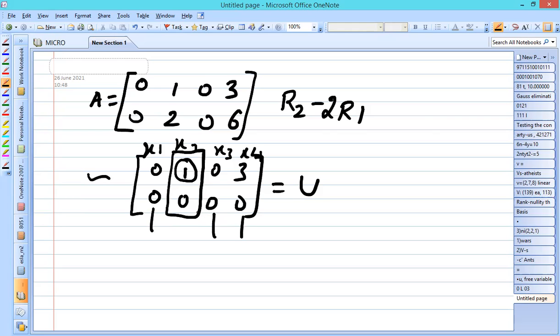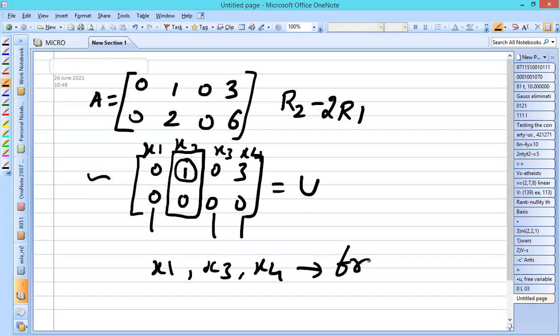They can take any values like 0 or 1. We can assign any values. Here we can identify the free variables as x1, x3 and x4. Since the pivot is present in the second column, excluding the variable x2, the remaining ones will be treated as the free variables.